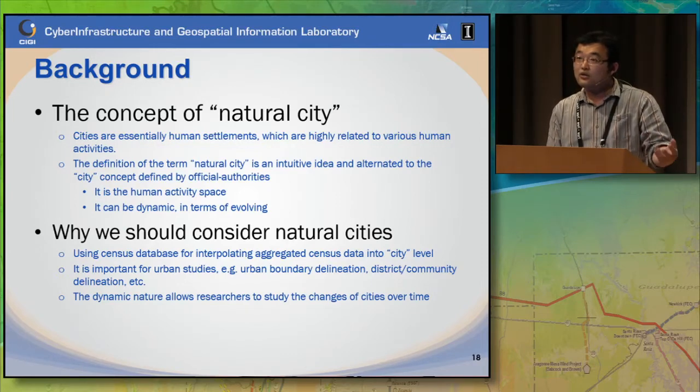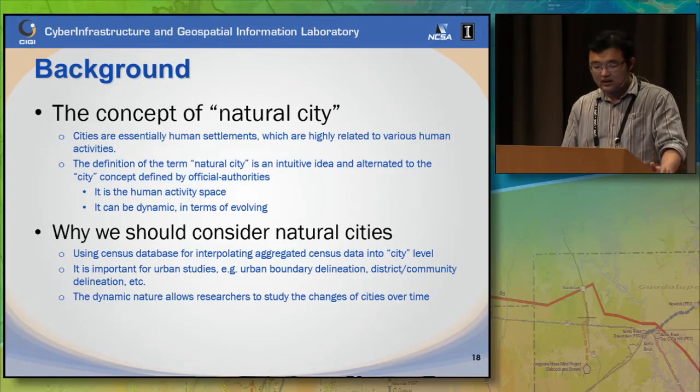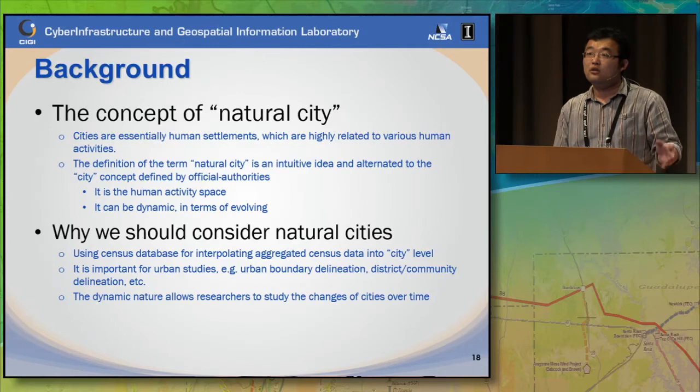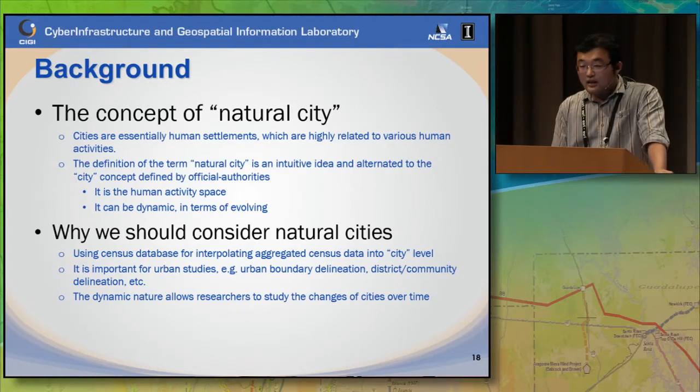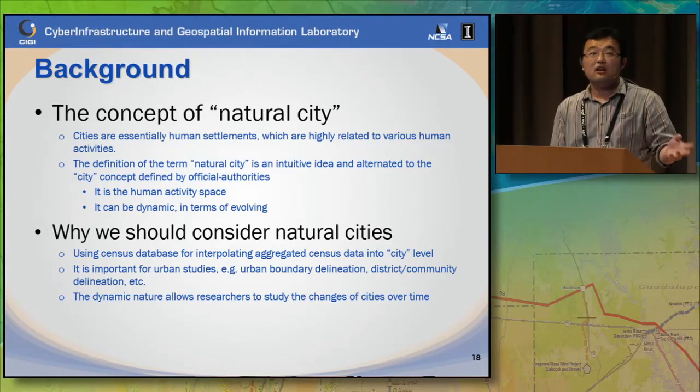But since natural city is already the active space, we can directly use the concept of natural city. And you can do neighborhood delineation, community delineation, like Livehood. It's a social community detection kind of software, a website you can check out. And the dynamic nature allows researchers to study the change of city over different time periods.